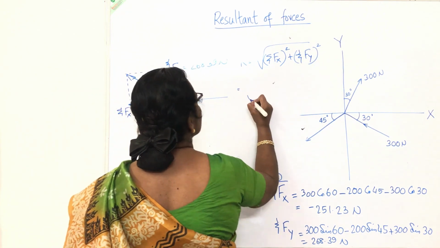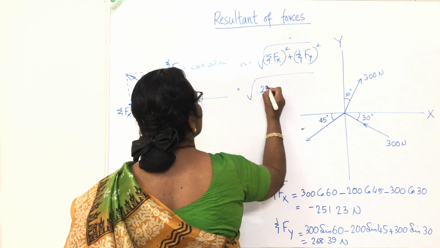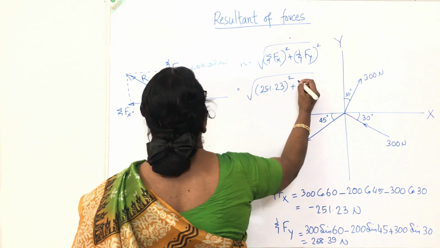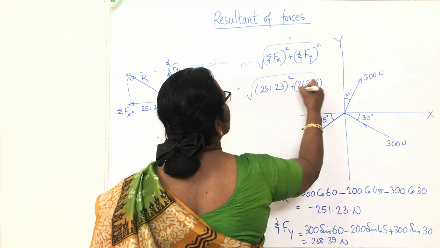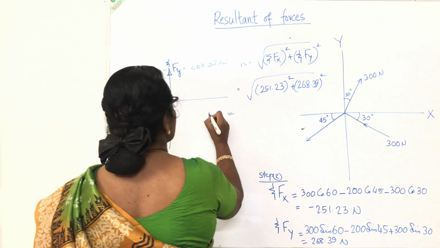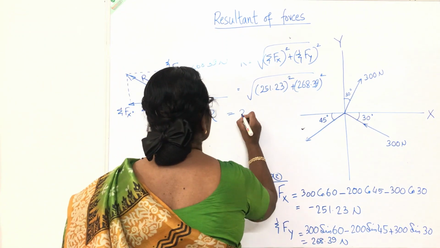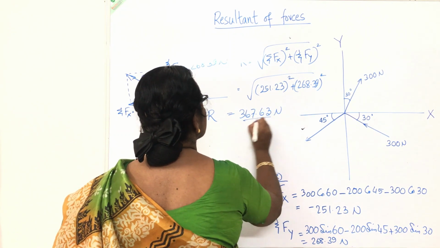So that is equal to root of 251.23 the whole square plus 268.39 the whole square, which will give you the value of the resultant as 367.63 Newton.